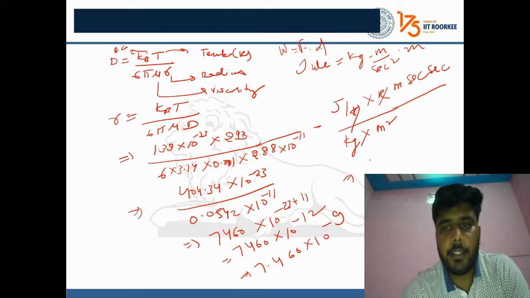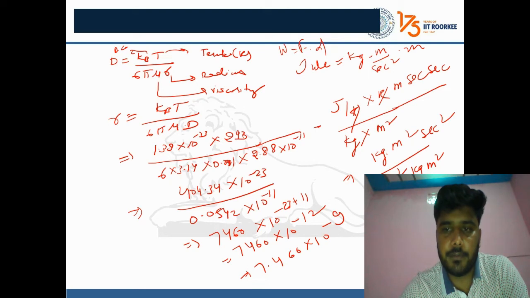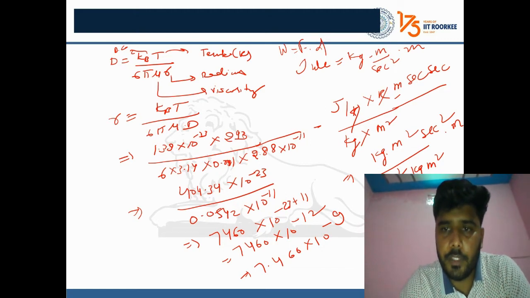Put these values: kilogram meter square per second square, divided by kilogram per meter second into meter square per second.